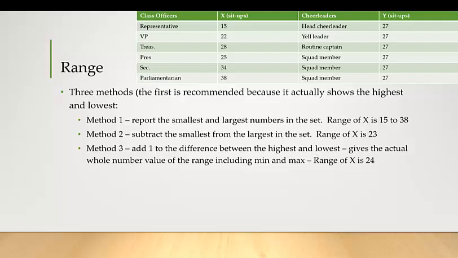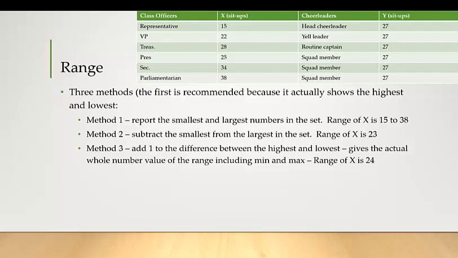You add 1 to the difference between the highest and lowest. And what this does is it actually gives the actual whole number value of the range that we are considering. So the range for the X, our class officers, would actually be 24, and the range for cheerleaders would be 1.